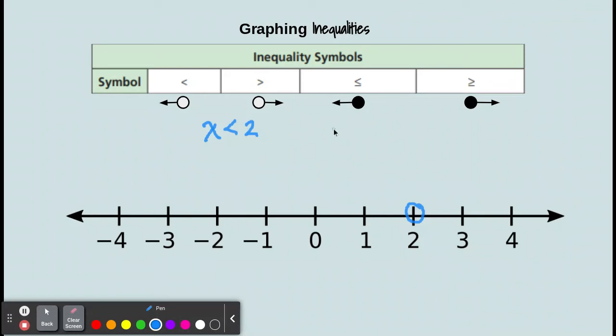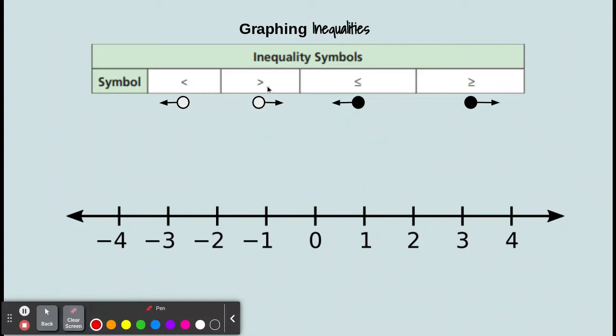If we wanted to include 2, it'd be x is less than or equal to 2. But we're not doing that one right now. We're doing x is less than 2. So it can't include 2, but it can be all the numbers less than 2, right? Okay, so that's what the graph of x less than 2 looks like.